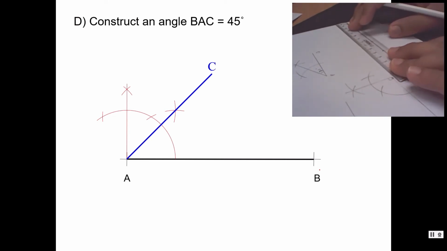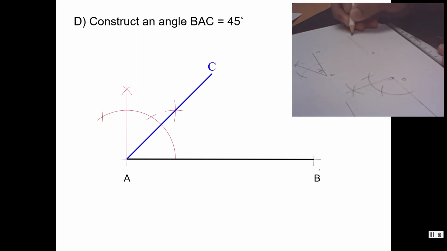We have a line here, AB line. From point A, similar steps to the 90-degree angle. First thing is to draw the circle here, and from this point, I'm just going to extend it a bit more. Okay, I think it's enough. From this point, draw a circle.